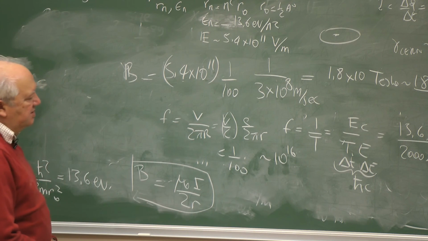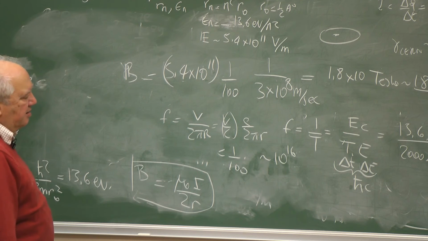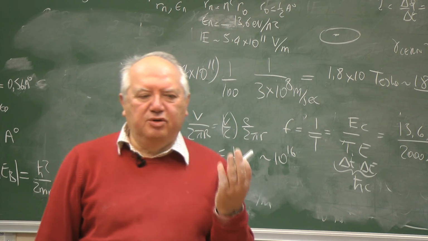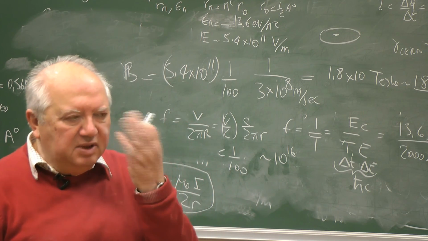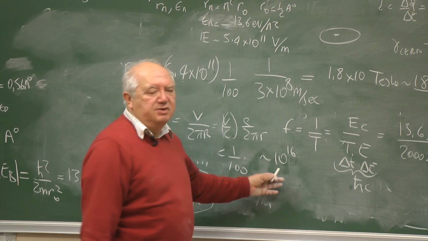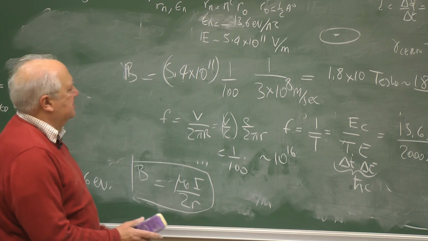So 10 to the 16 revolutions per second. In the blink of the eye the electron is going about the proton 10 to the 16 times, an incredible number of times.